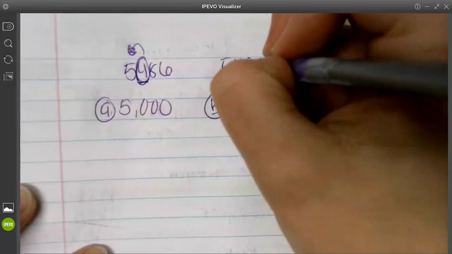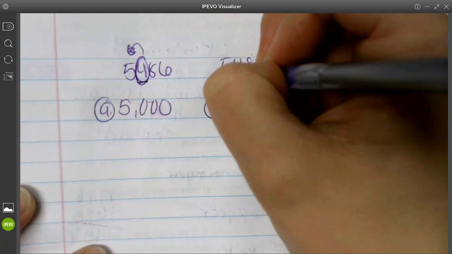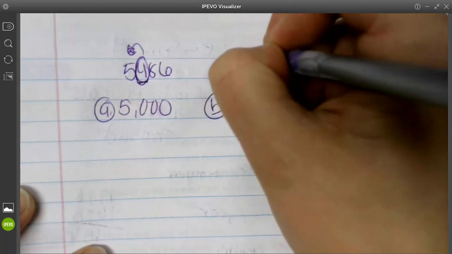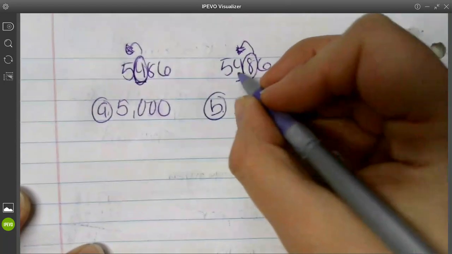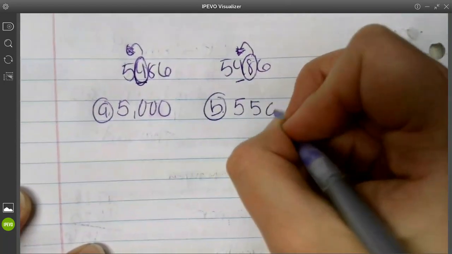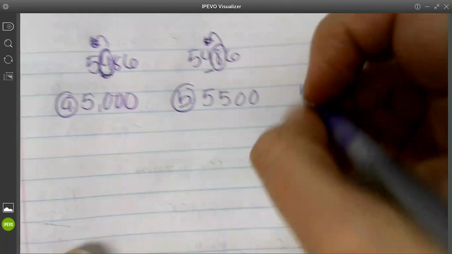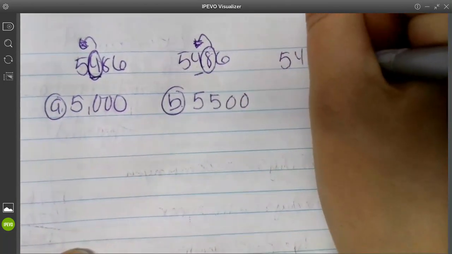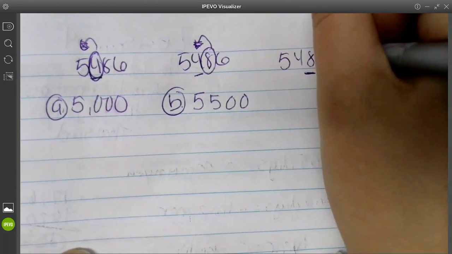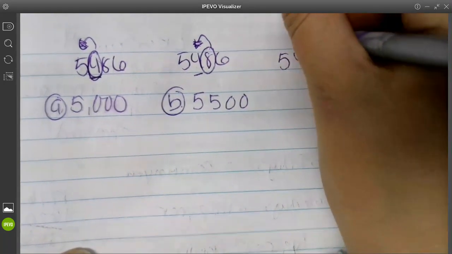Then it wants me to round the hundreds. So if I'm rounding the hundreds, I'm going to look in the tens place. My bossy tens place will tell the hundreds what to do. So the 8 tells the 4 to raise the score to 5,500. And then we have the tens place. So to figure out where my tens place is going, I've got to look in my ones.